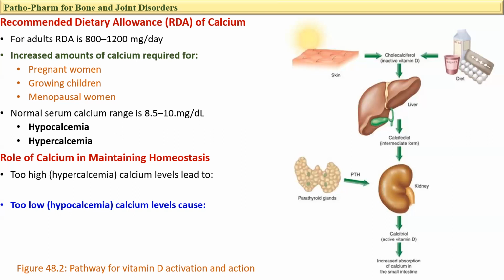As for the role of calcium in maintaining homeostasis, too high a calcium level, hypercalcemia, will lead to decreased sodium permeability across the cell membranes. Hypocalcemia, which is too low a calcium level in the blood, will cause the cell membrane to become hyperexcitable, and convulsions or muscle spasms would result.